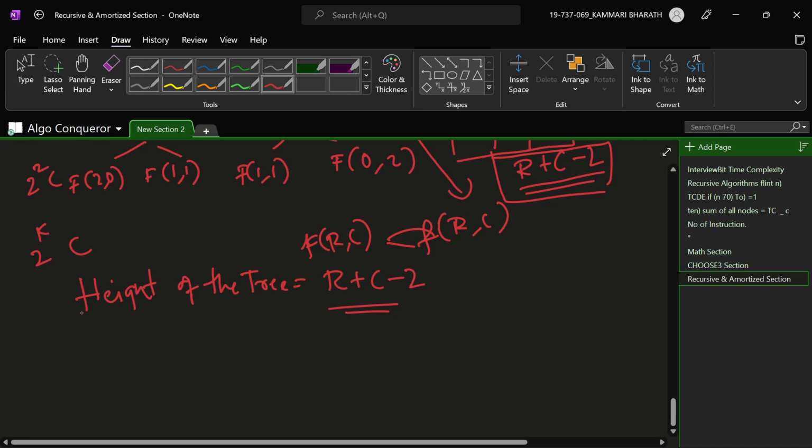So to sum all these up, c plus 2c plus 2 square c, and so on until 2 power k c.